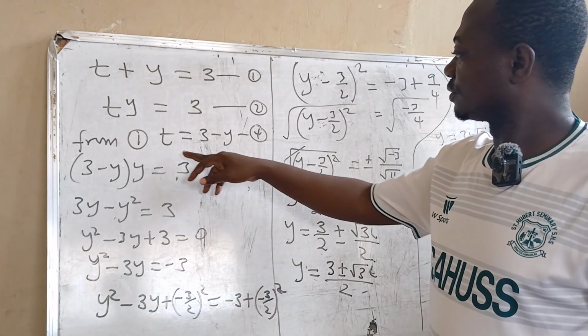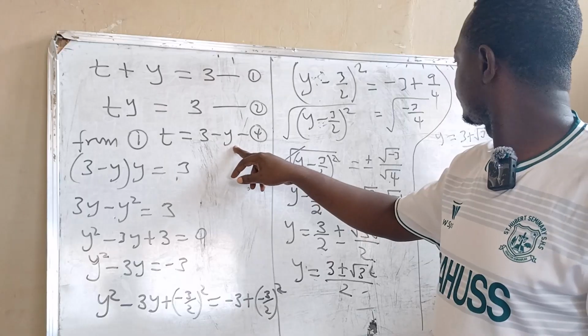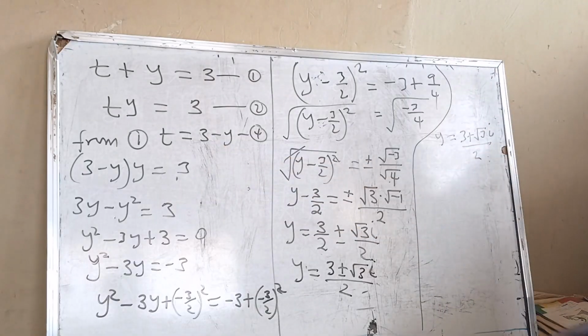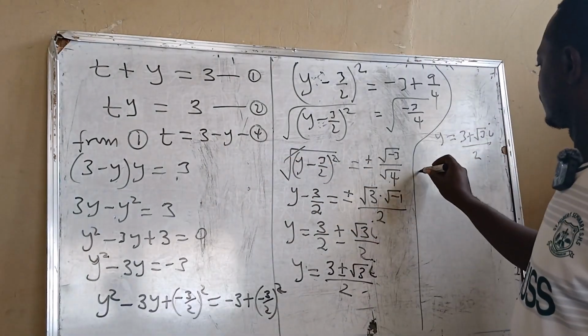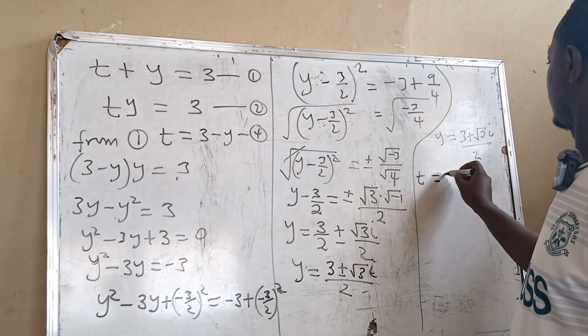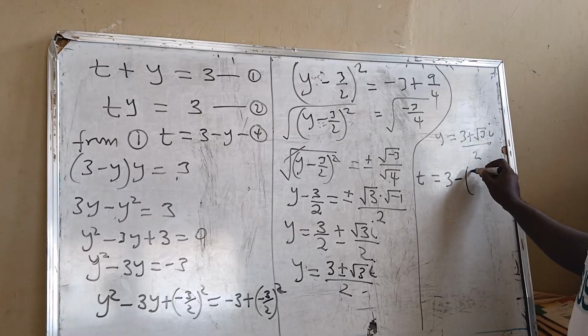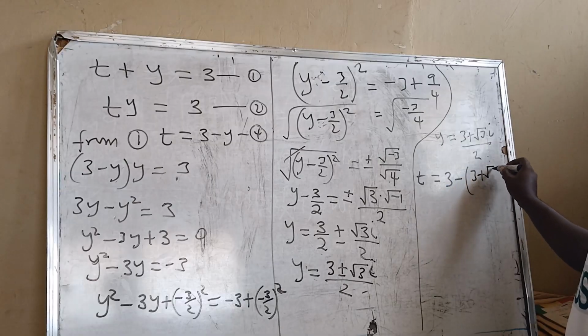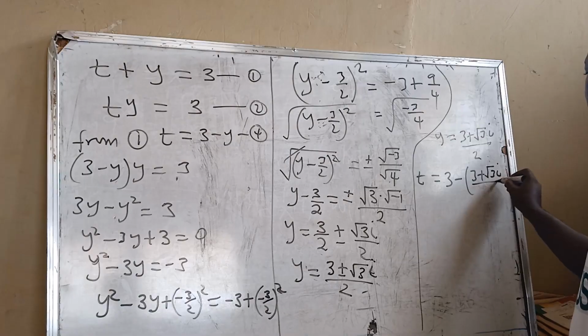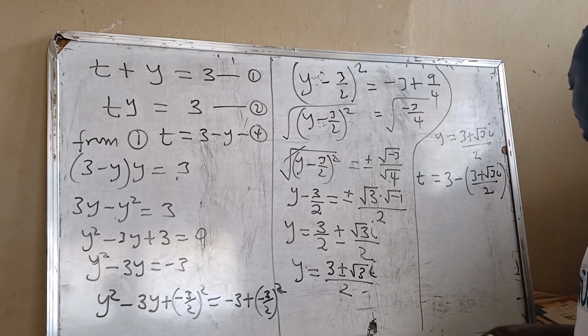So t is equal to that. Let's pick the first one. So t will be 3 minus (3 plus root 3 i on 2).